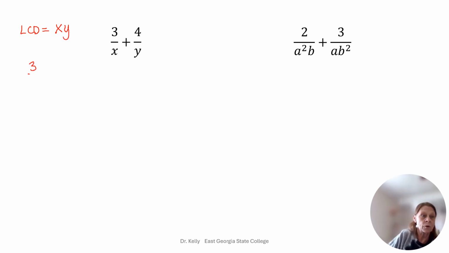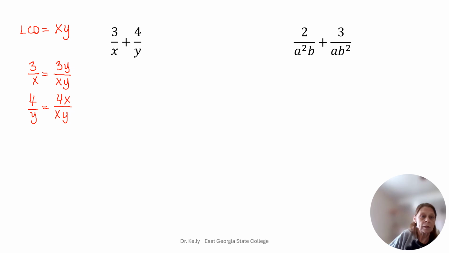So when we convert our 3 over x, we're going to need to multiply that by y. And when we change our 4 over y, we're going to multiply that by x.